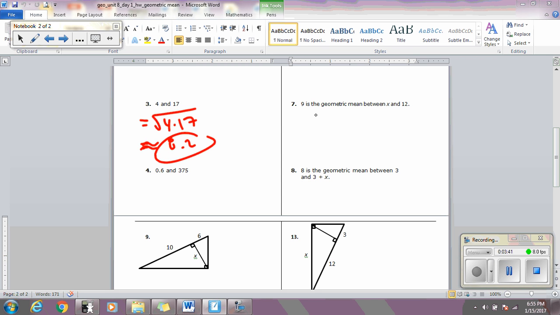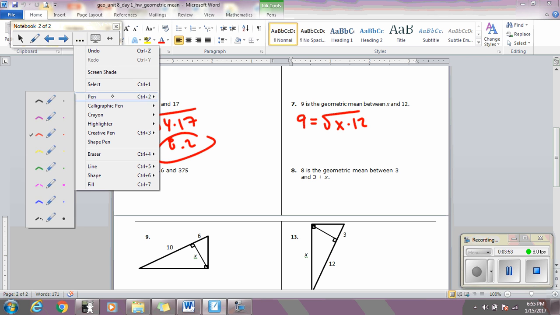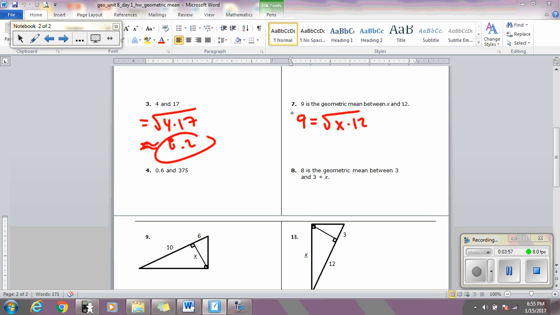Number 7 says 9 is the geometric mean between x and 12. So same thing like I did before. 9 is equal to the square root of x times 12. So I need to do the reverse of the square root sign, which is the power of 2 on both sides. So 9 squared, or 9 times 9, is 81.